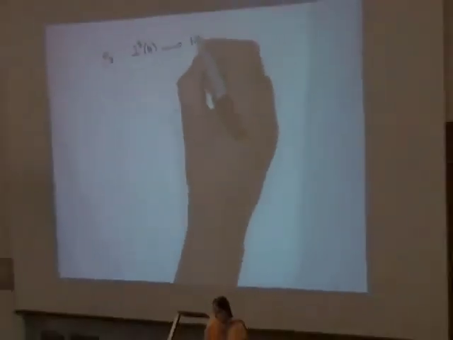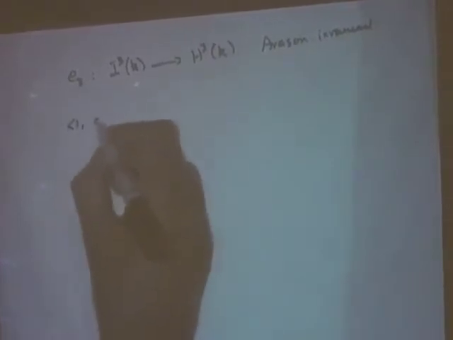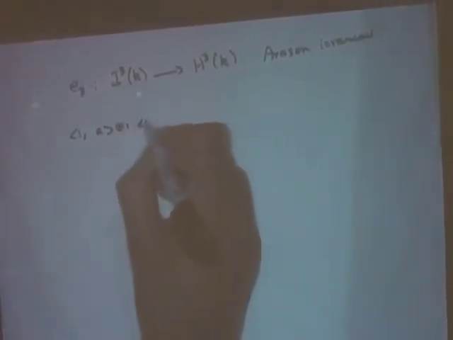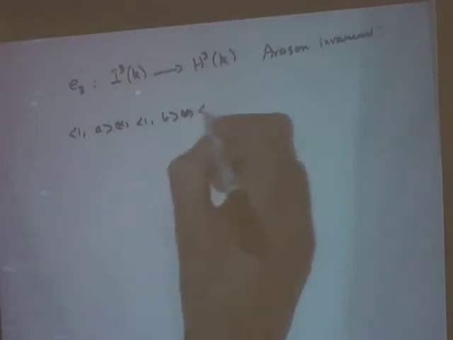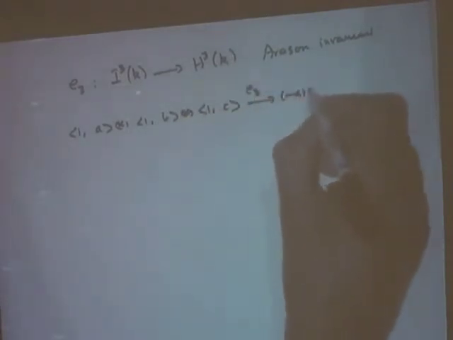Okay, the next invariant e3 already was defined by Arason in his paper in 75, with values in H3 of K. This invariant is called the Arason invariant because he showed that there is an invariant on I3 which has the property that if you take an element of I3 K, which we know is generated by threefold Pfister forms, this maps under e3 to (minus a) cup (minus b) cup (minus c).